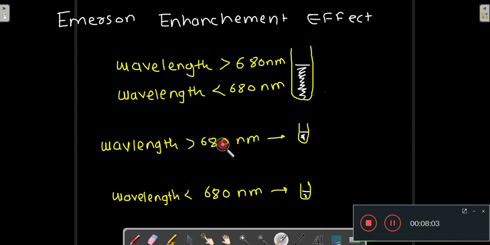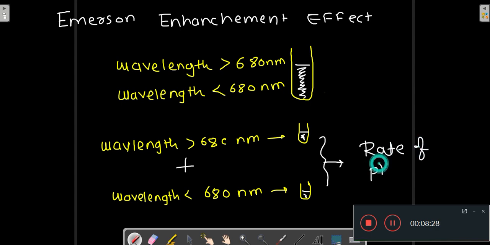These two wavelengths are not hitting the tube simultaneously, they are hitting it separately, and whatever rates of photosynthesis we obtain from these two separately, we just add them, and we get a particular rate of photosynthesis. And in the first case, when the two wavelengths are hitting the tube simultaneously, we get a particular rate of photosynthesis as well.